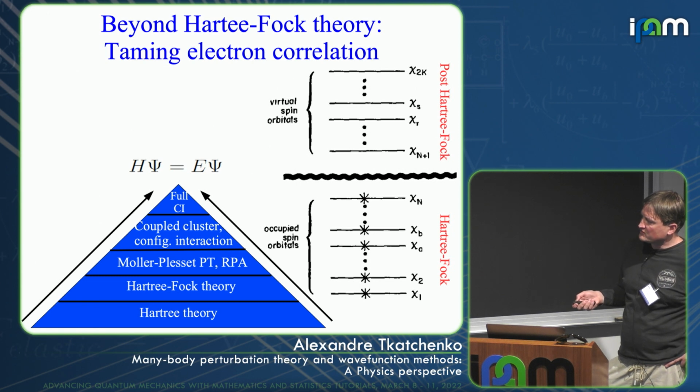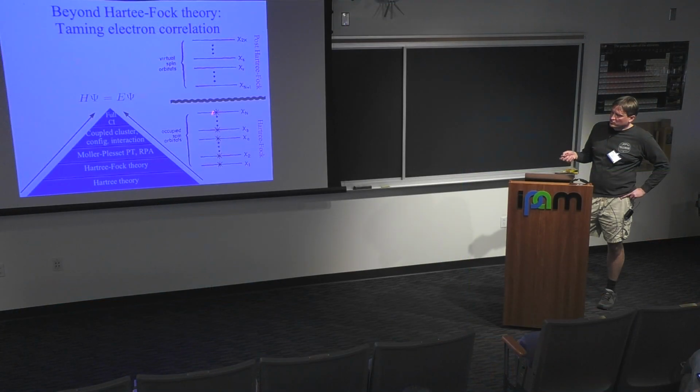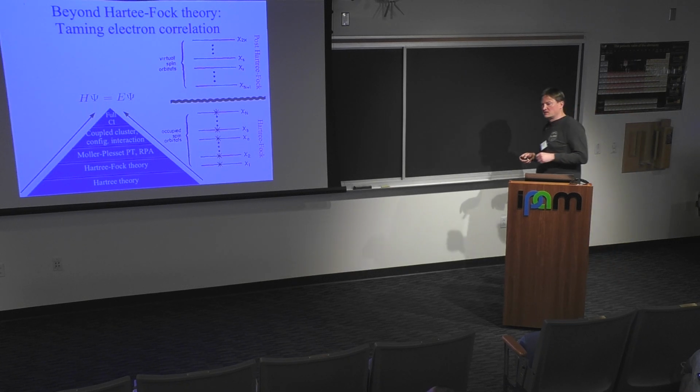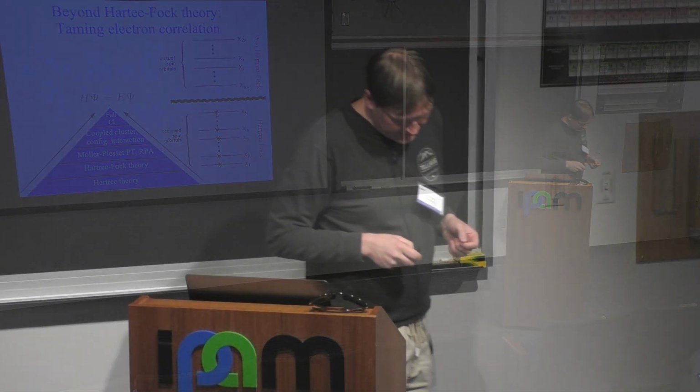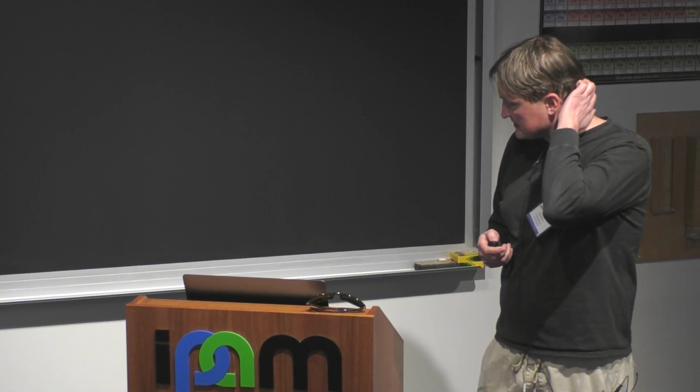So beyond Hartree-Fock, at Hartree-Fock theory you only use the occupied orbitals, or spin orbitals in general, to define your energy. Of course, in order to solve the Hartree-Fock equations, you typically introduce a basis. You start with atomic orbitals, and then you form molecular orbitals from those as linear combinations of atomic orbitals.